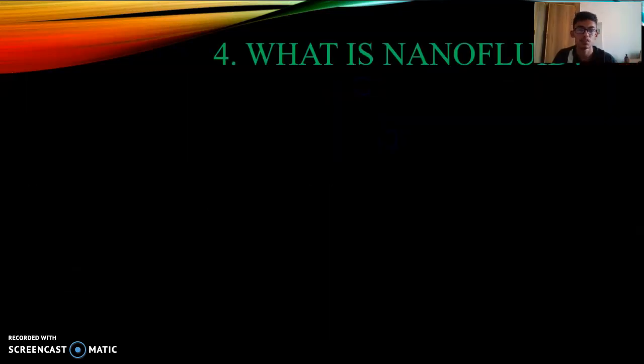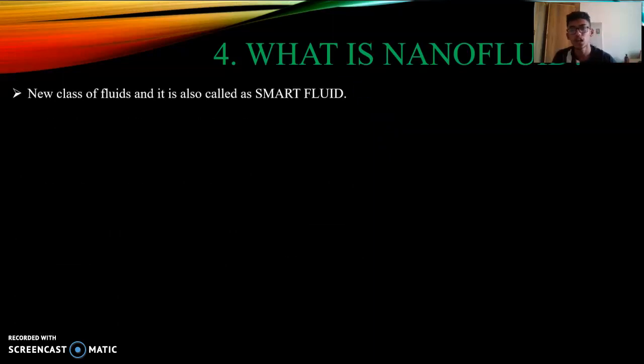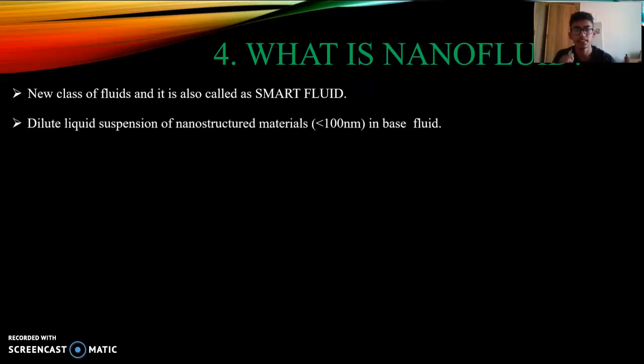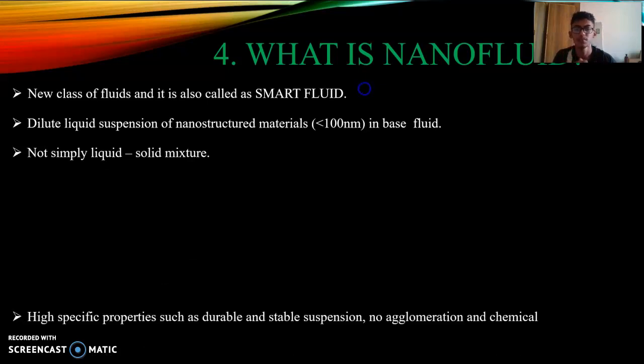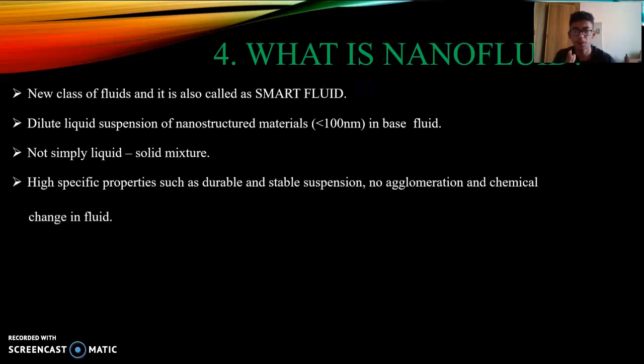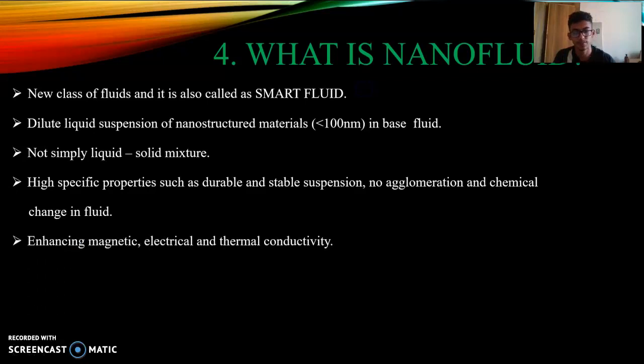Next, we'll see about nanofluid. What are nanofluids? It is a new class of fluids and it is also called a smart fluid. It is a dilute liquid suspension of nanostructured materials in base liquid, which is less than 100 nanometer. It is not simply a liquid, it is a solid mixture. It has high specific properties such as durable and stable suspension, no agglomeration and no chemical change in fluid.